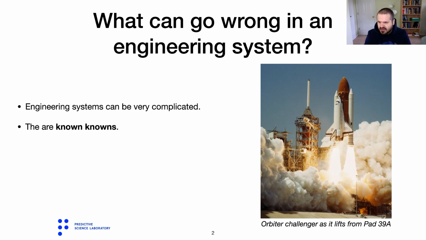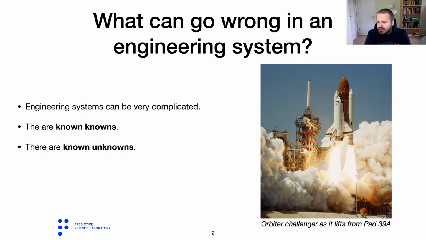But there are other things that are unknown to us. For example, our model may have some parameters. We may need the acceleration of gravity, for example, at the moon surface.